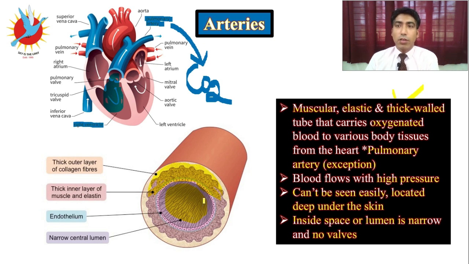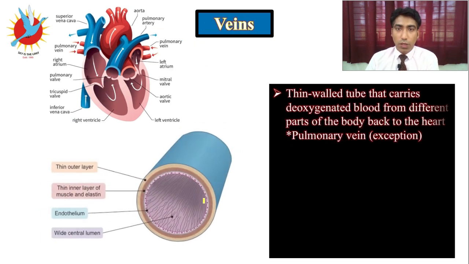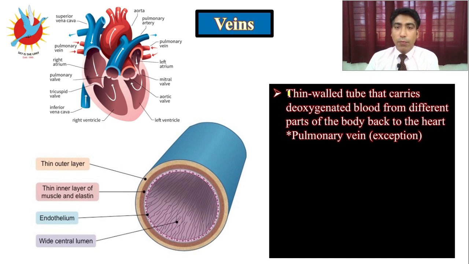Let's discuss the veins. On the other hand, veins are the thin-walled tubes that carry deoxygenated blood from different parts of the body back to the heart. There is also an exception, which is the pulmonary vein. In this diagram you can see that these are the pulmonary veins, 4 in number, 2 at each side.